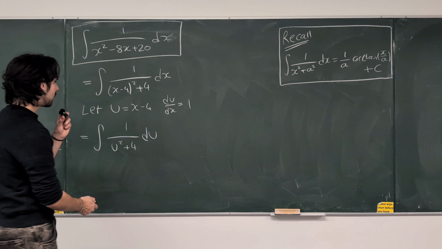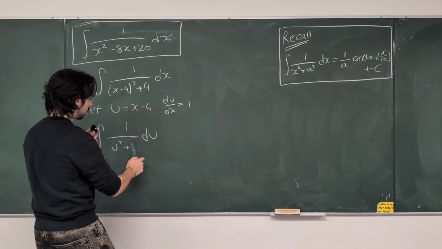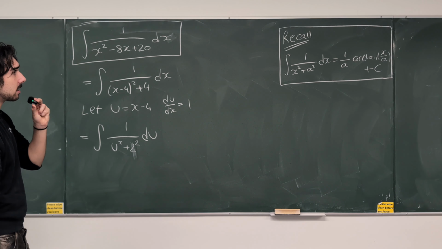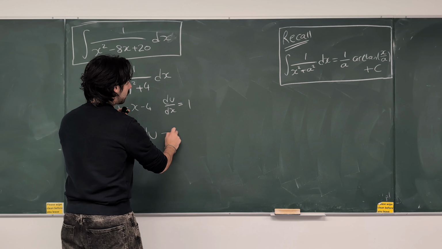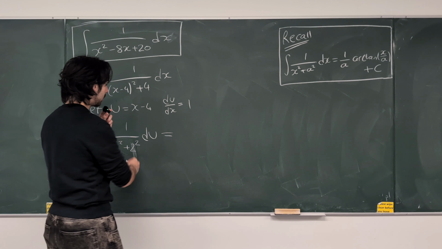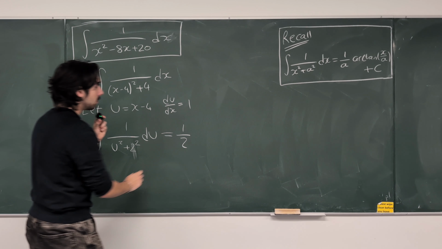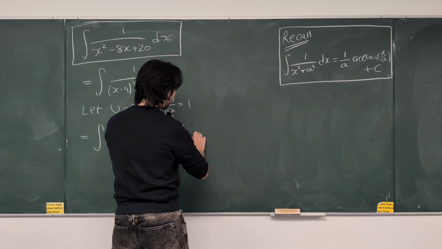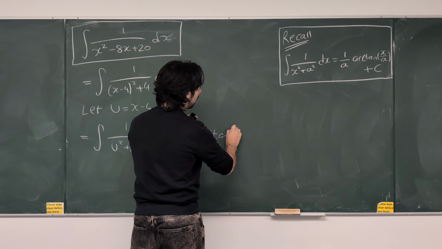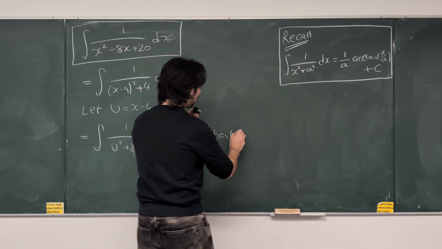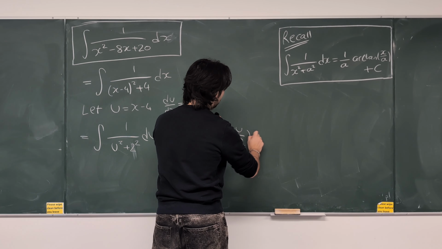Then we can realize that 4 is 2 squared, just so that we can more clearly see what our a is. And then, as I say, we can just plug and play. So this integral, according to that formula derived in another video of mine, is equal to 1 over 2, because a is the number 2 here, times arctan of u over 2, plus c.